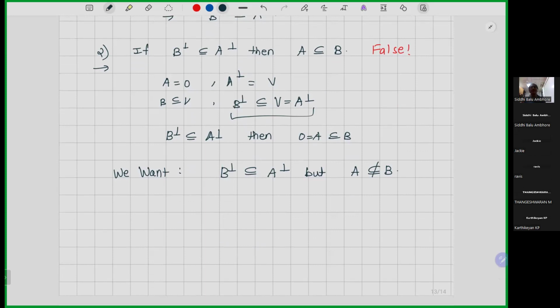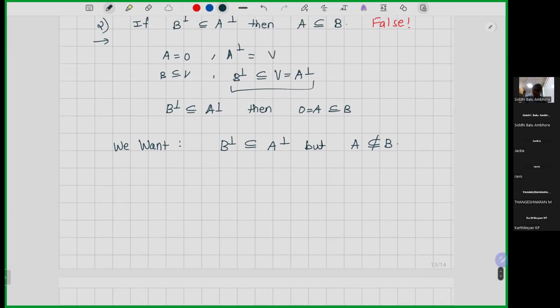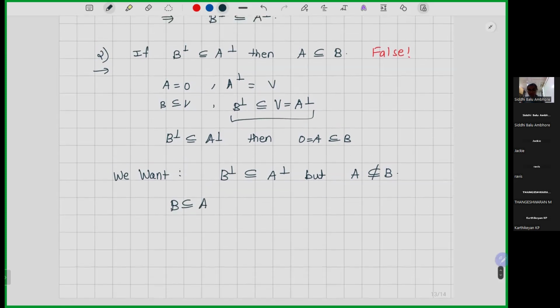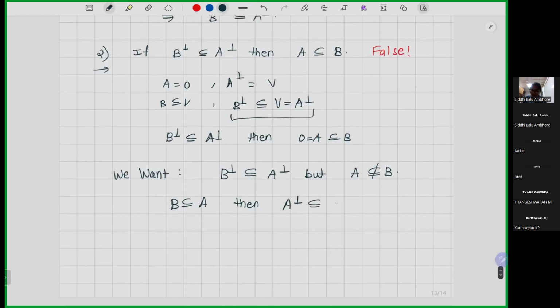If there are no guesses, then I can give you: suppose we assume B contained in A, the reverse inclusion. But if B is contained in A, then by the above statement, this will be contained in this.